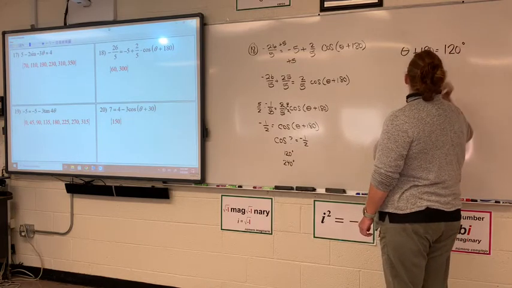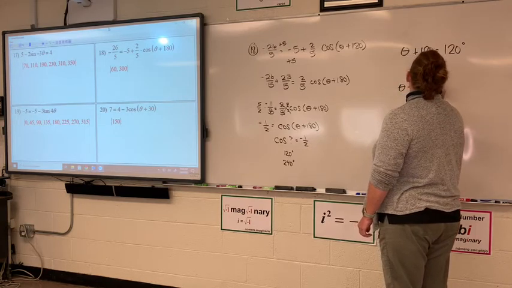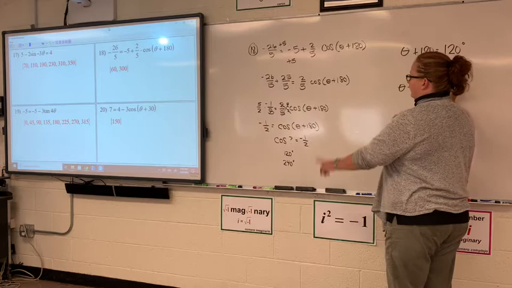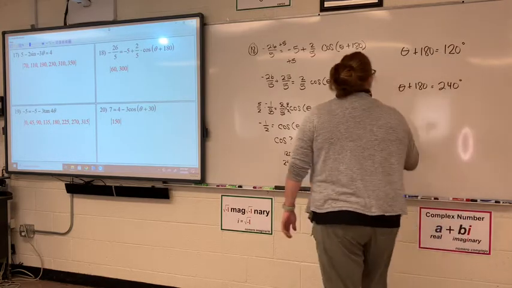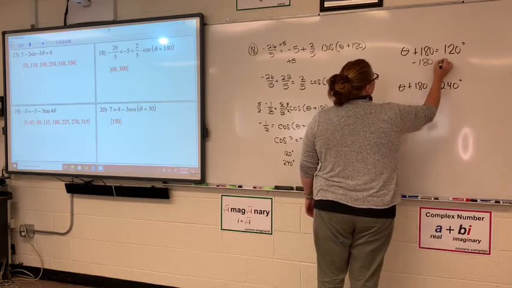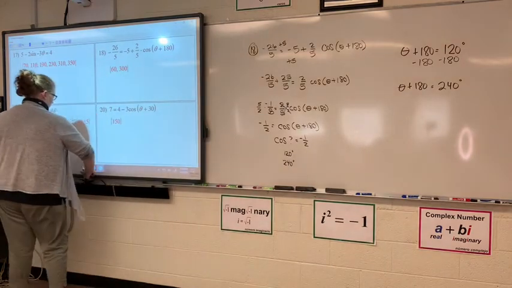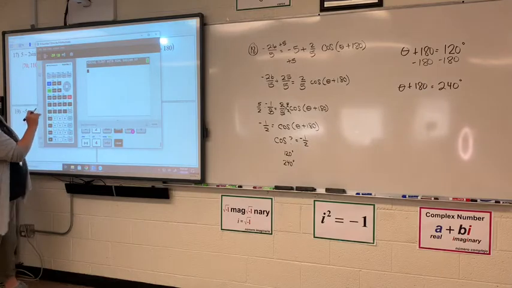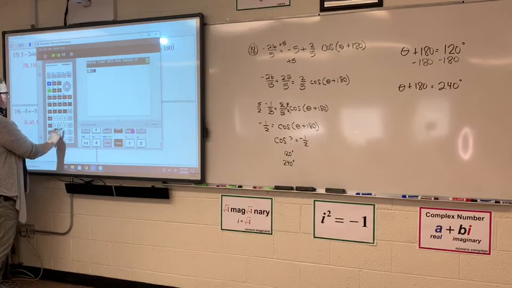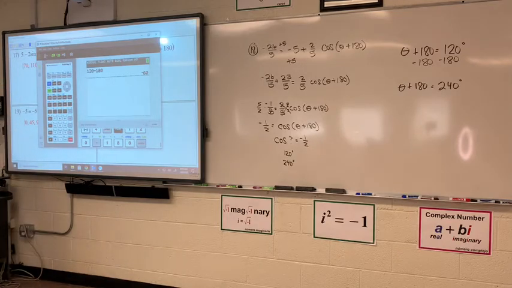All right, so what we have now then is to replace that question mark with theta plus 1/8. So subtract 180. So we have 120, subtract 180. All right, so I have a negative angle. So what would that be as a positive angle?